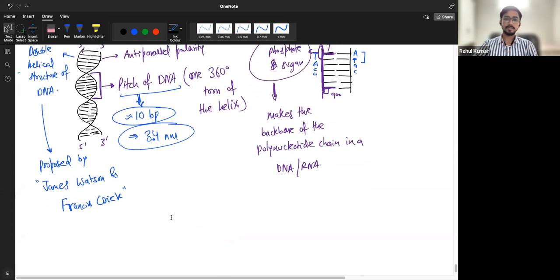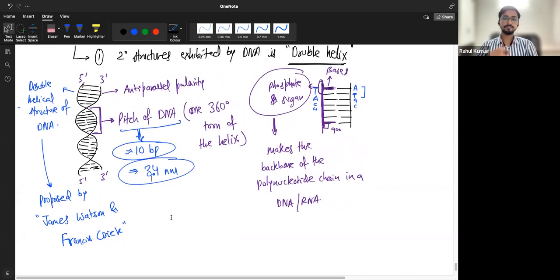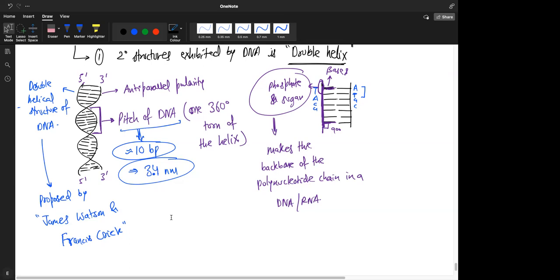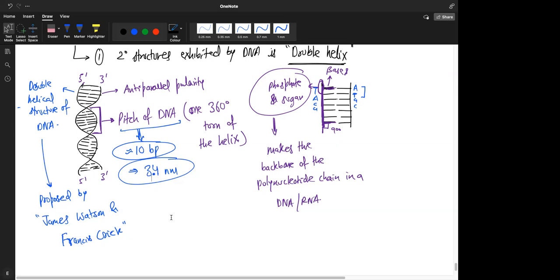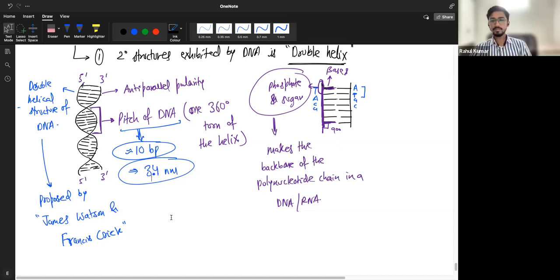Think about it and tell me. Yes, Iram. 3.4. 3.4 is the distance of the pitch. The whole pitch is 3.4 nanometer.